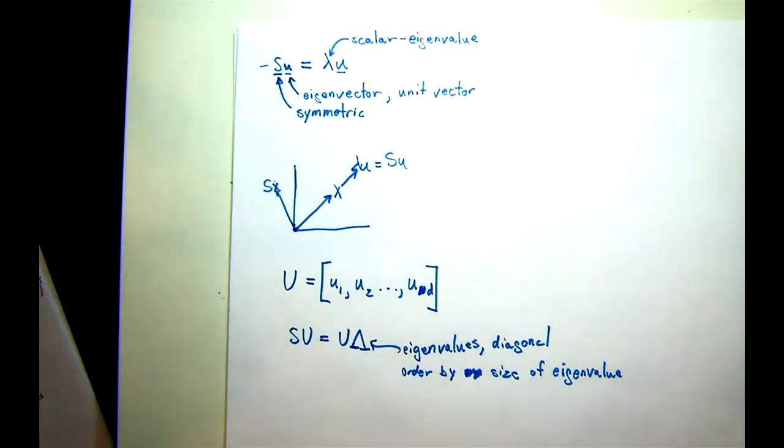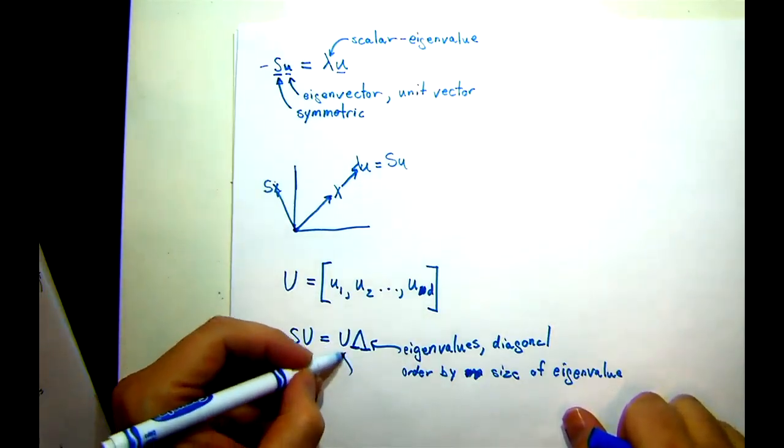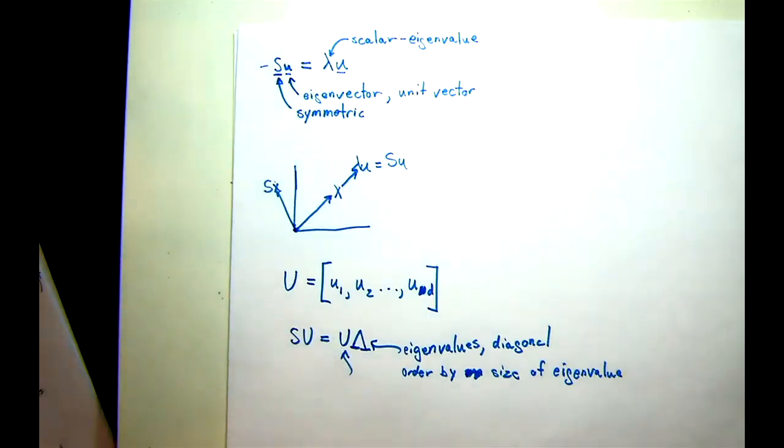And the other thing that is important is that all the eigenvectors are, I forgot the term, perpendicular to each other. That's not the correct term, but orthogonal to each other.